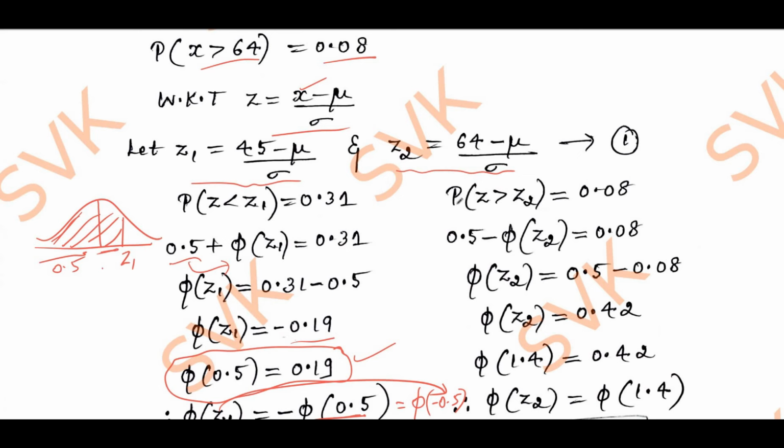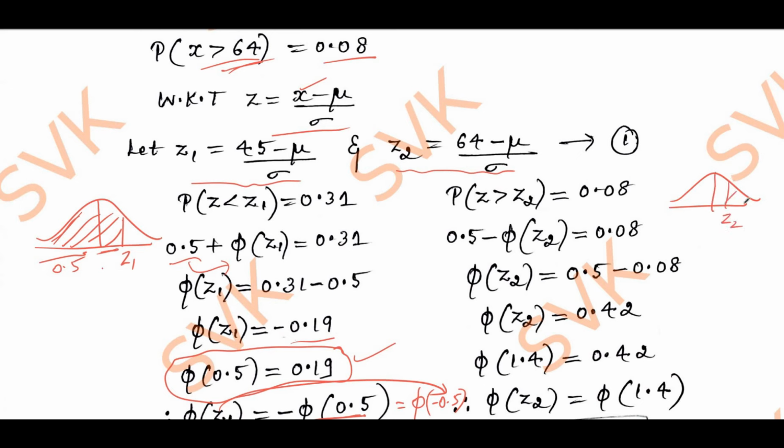As we know the probability of z greater than or equal to z2 here, as over 64, I have substituted that value 64 here. So z greater than z2 is given by the formula according to normal distribution.